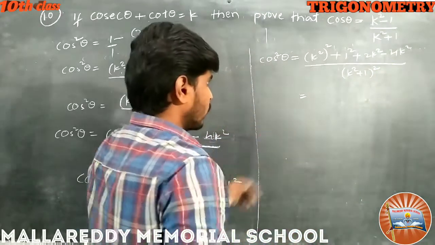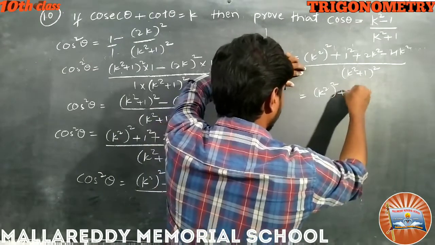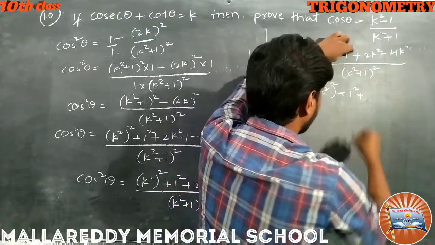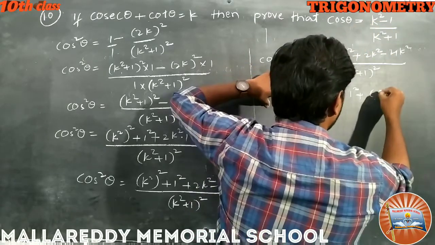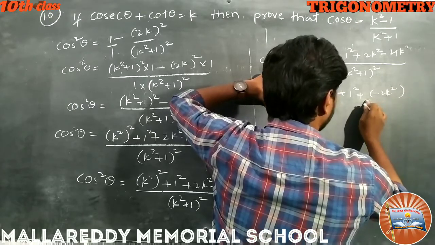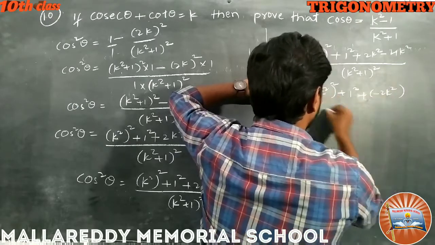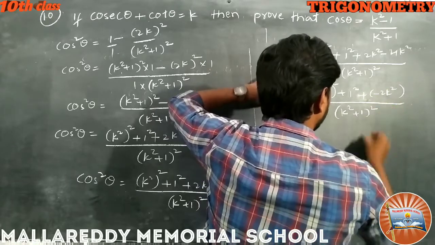Okay. So look here carefully, ma. K square whole square as it is plus 1 square as it is plus 2k square minus 4k square becomes minus 2k square. Okay. Is it right? Yes. By (k square plus 1) whole square.